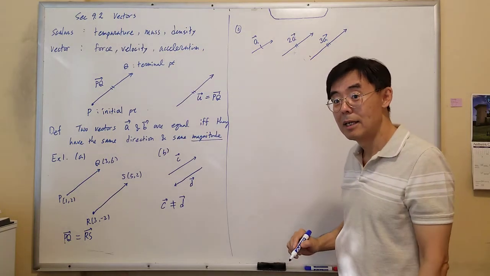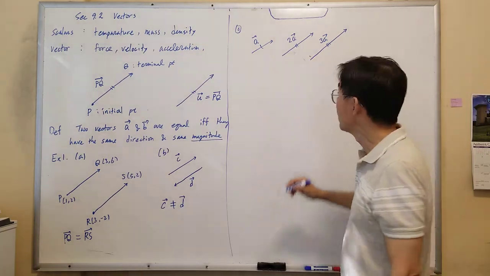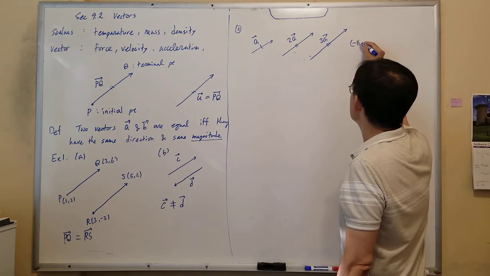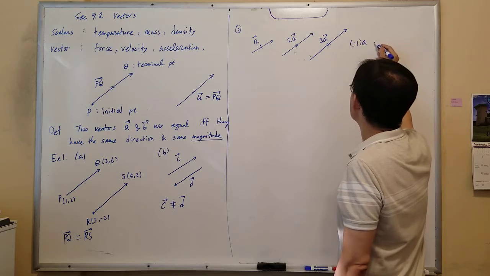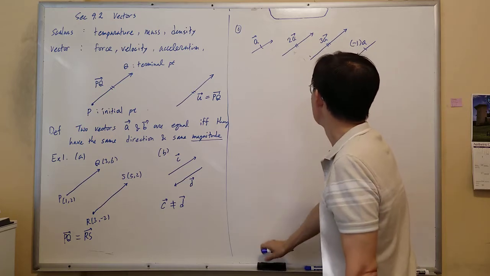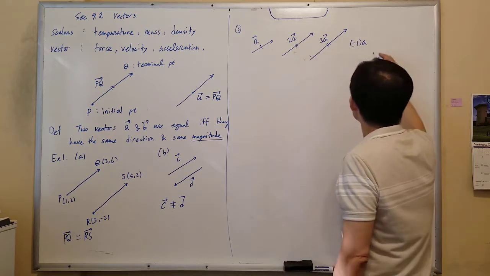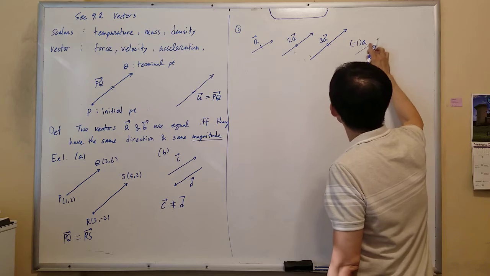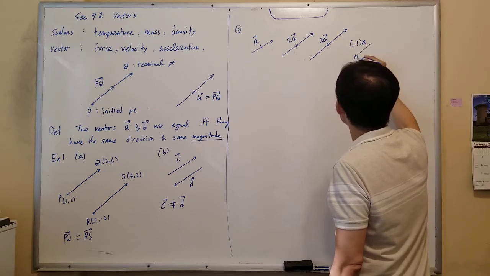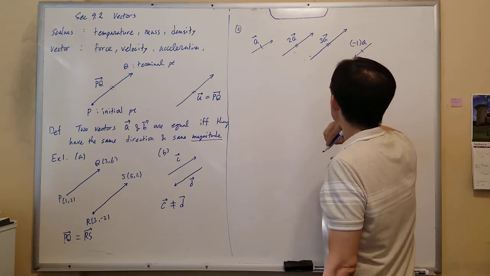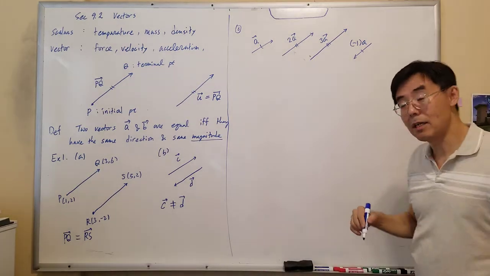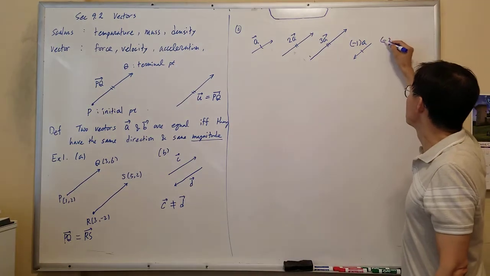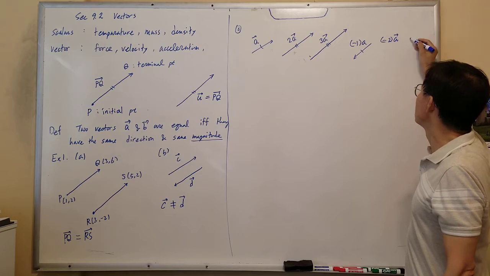Minus 1 times A, we want that to be the opposite direction, same size. Opposite direction, same size. Therefore, minus 2 times A should be the opposite direction, but twice as large.